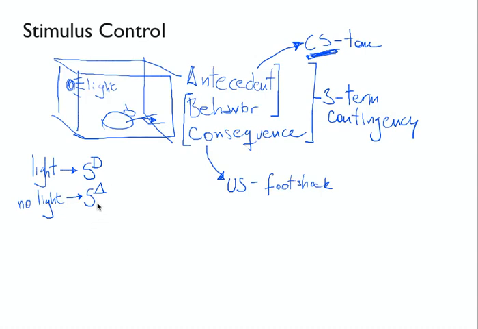We usually just call them S deltas. The light's often called an SD, or a discriminative stimulus. We'll see why the discriminative adjective is important, why this refers to discrimination. So this is the case of operant conditioning.